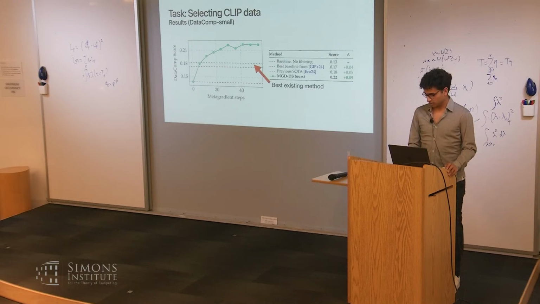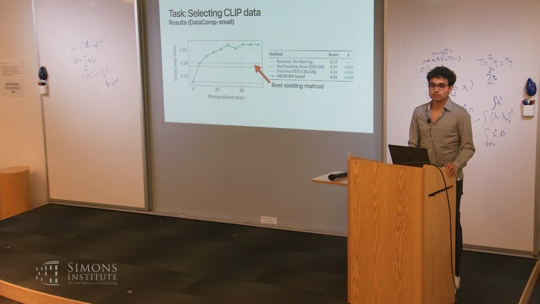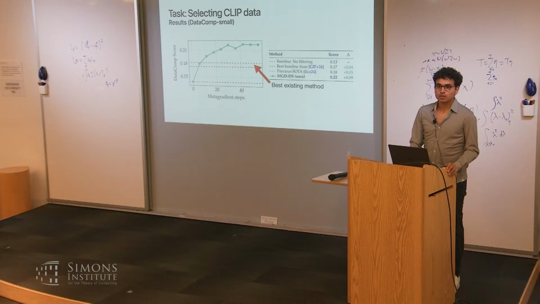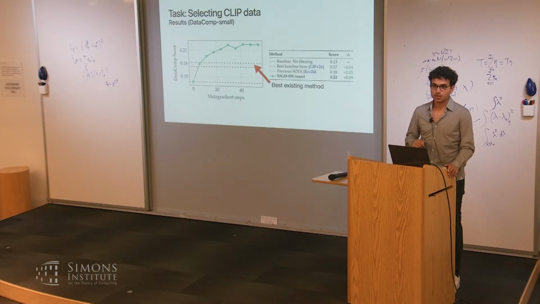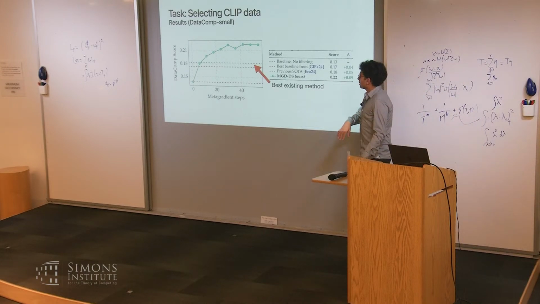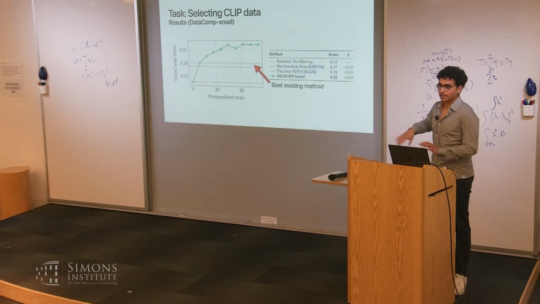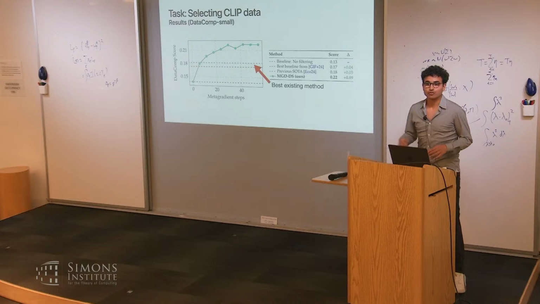So the methods that you're comparing to here, how computationally expensive is the metagradient approach compared to the baselines? That's a great question. Unfortunately, the code for a lot of the baselines is not actually available because all you have to submit is the final data set itself. I will say that in general, I wouldn't take this as evidence that we should start using this right now for data selection.